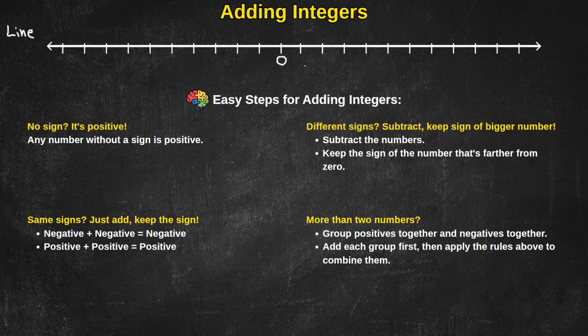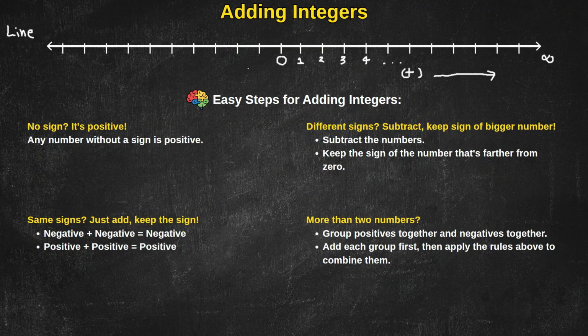So, on the right side, we have the numbers 1, 2, 3, and 4 all the way to infinity. On this side, these are the positive numbers. When you move towards the right, the number increases and it gets bigger.